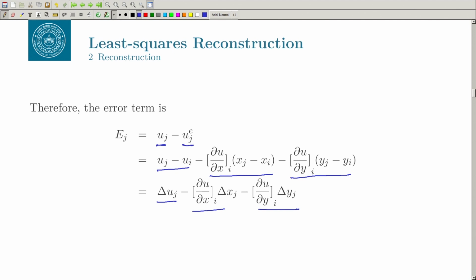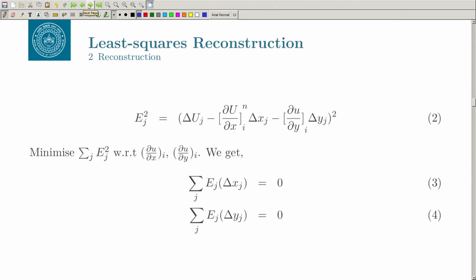This j would vary, if you are considering the cell neighbors, in the example that I showed earlier, from 1 to 3. So, you can take the square of the error, because we are trying to minimize the sum of E_j squared.